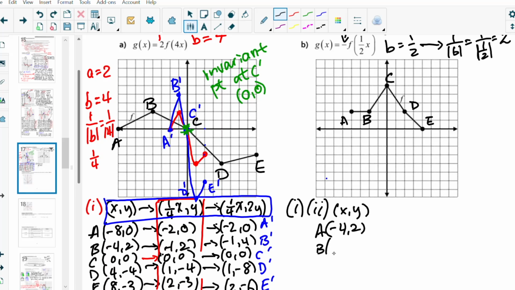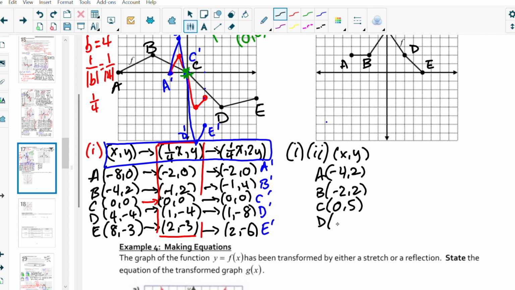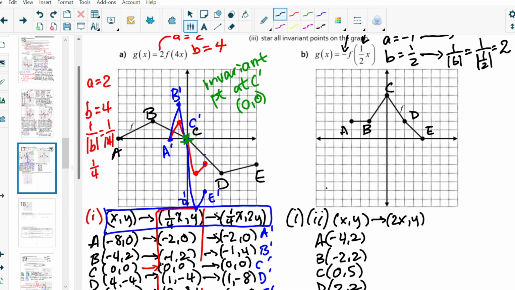So that's A. B is negative 2, 2. C is 0, 5. D is 2, 2. E is 4, 0. 2x, y. So we're multiplying. Let's do the horizontal stretch about the y-axis.